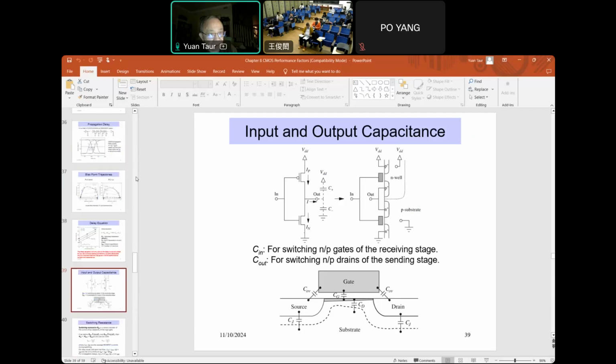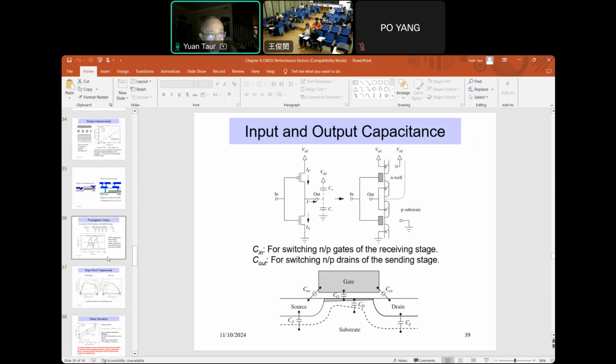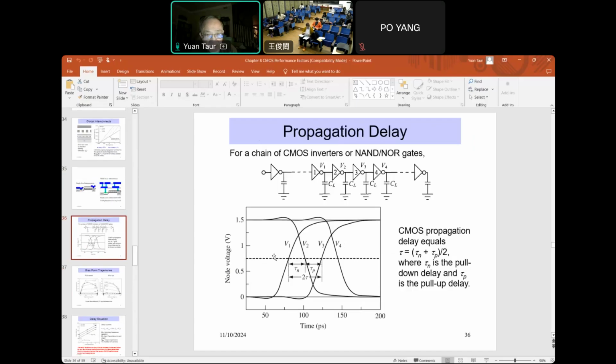You can also see the so-called feed-forward effect. You can see that when V1 is going up, V2 eventually goes down, but V2 goes up first.